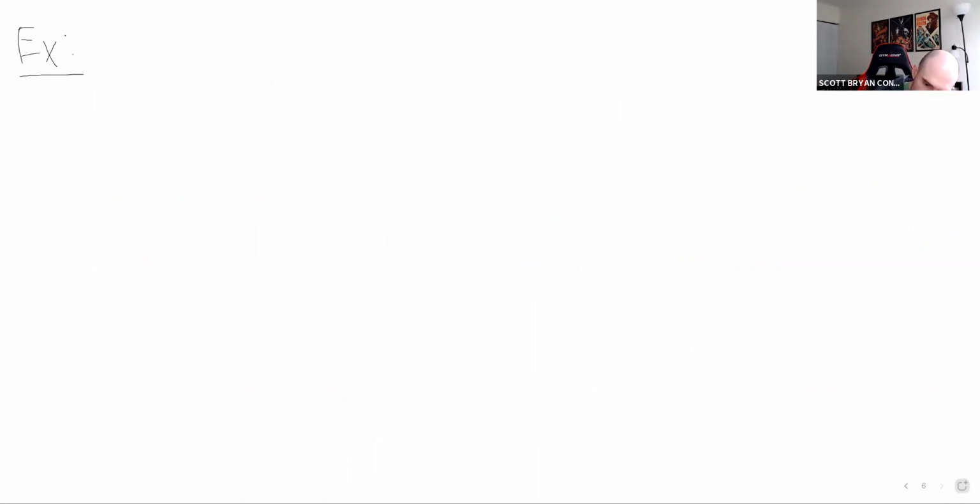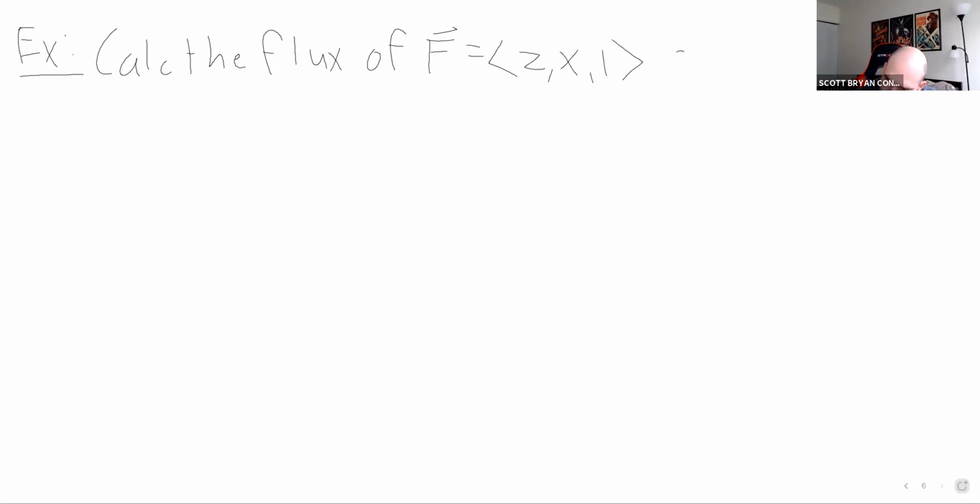So let's calculate the flux of the vector field (z, x, 1) across the upper hemisphere of the sphere x squared plus y squared plus z squared equals 1.